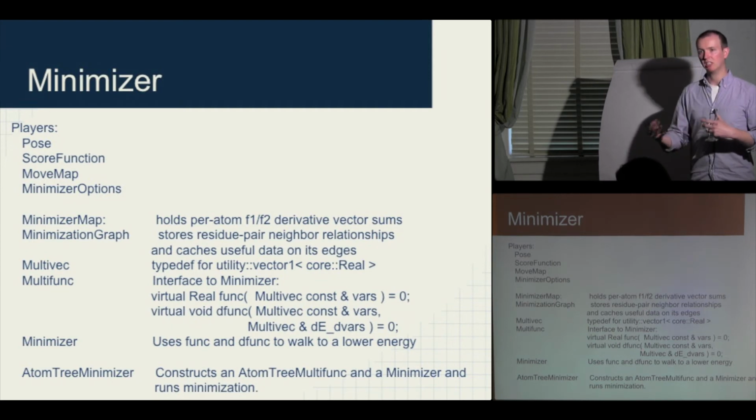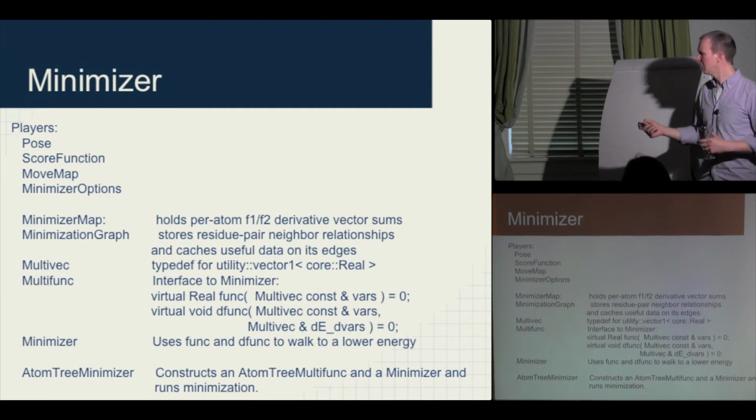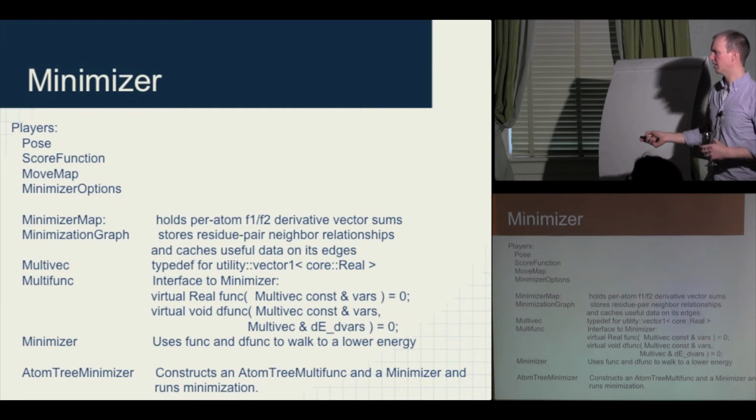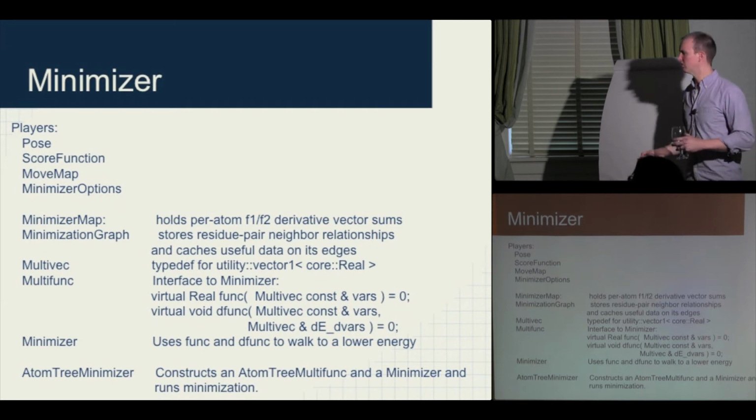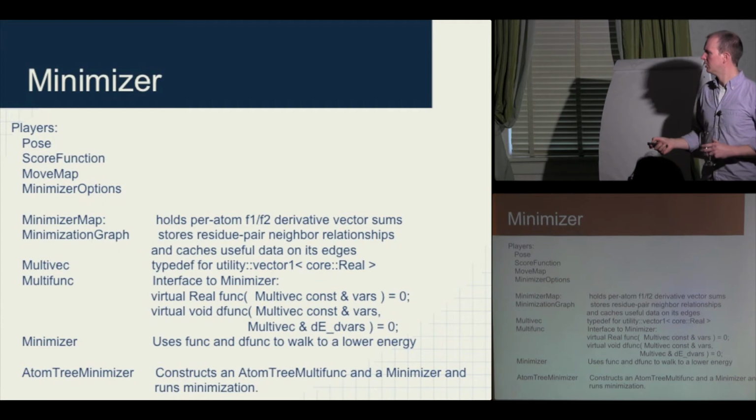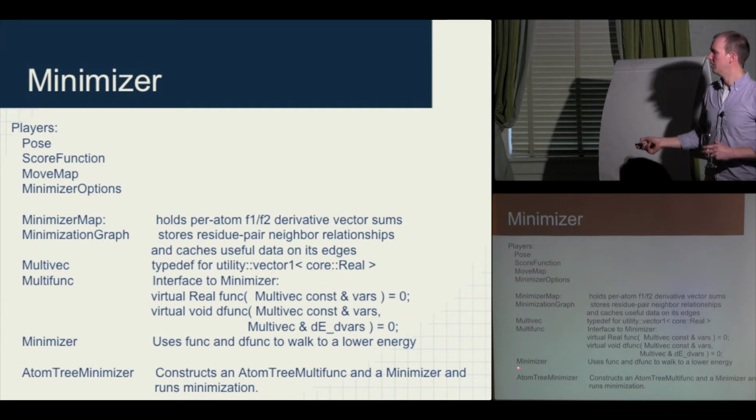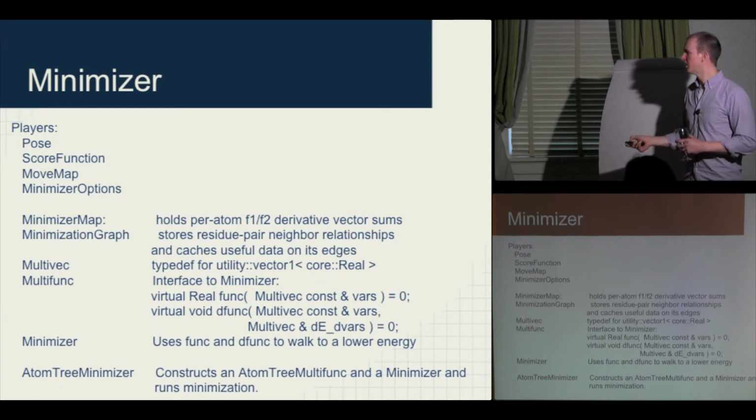That's how the minimizer algorithm and the function that you're optimizing talk back and forth. I think I forgot to add the const status of both of these functions, but I think they're there. The minimizer is what uses func and dfunc for the multi-vec that it optimizes to walk to a lower energy.